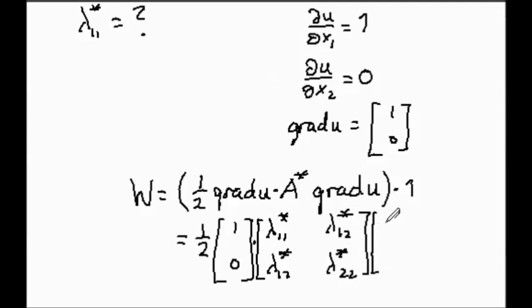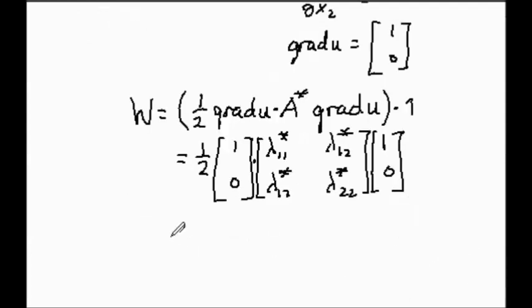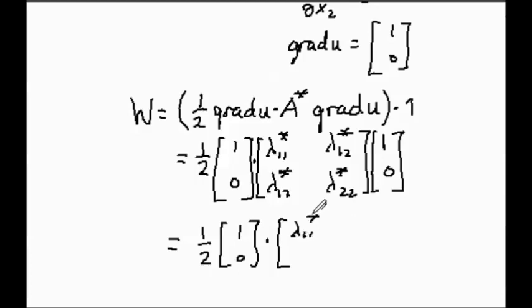We just multiply this constant vector with the effective conductivity matrix, and take the scalar product with the constant unit vector, and multiply with 1/2. Then we obtain, first, that the matrix times the vector is just equal to lambda 1 1 star in the first component.